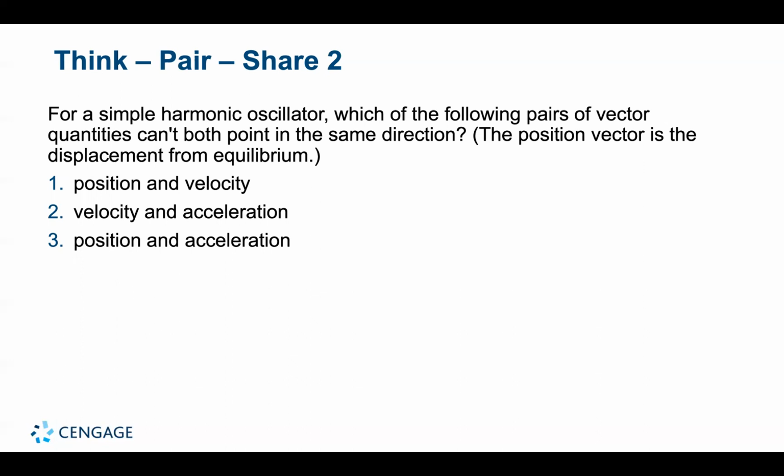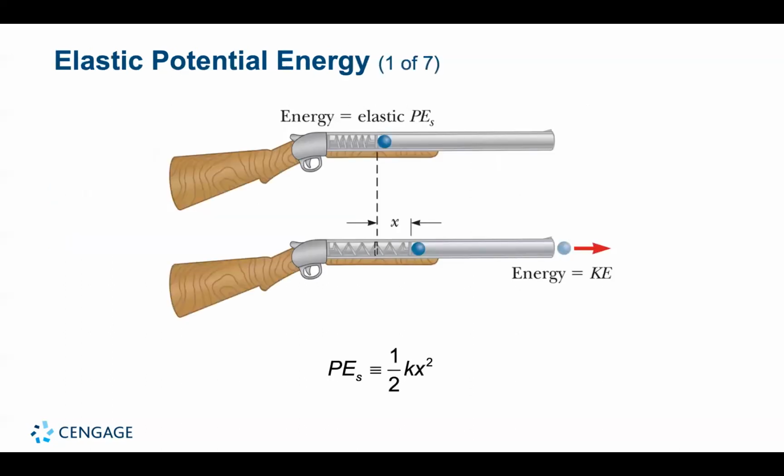The force producing harmonic oscillation is always directed towards the equilibrium position, and hence directed opposite to the displacement from equilibrium. The acceleration is in the direction of the force, thus it is always directed opposite to the displacement from equilibrium. Okay, so let's talk about elastic potential energy.